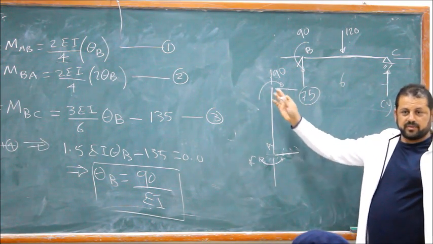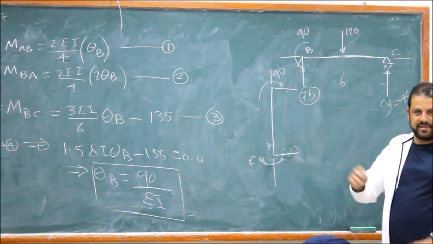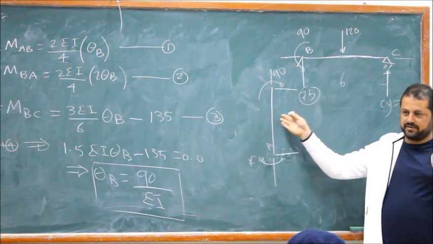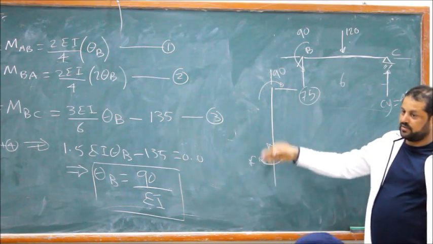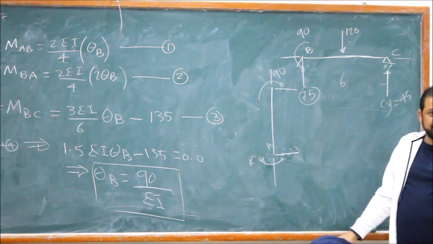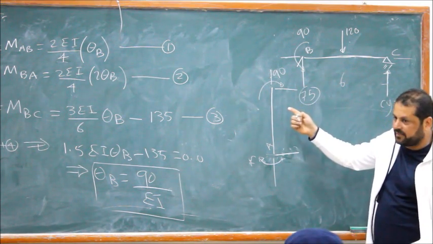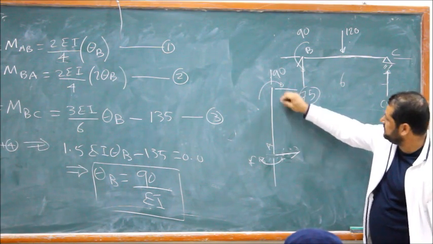Remember what I told you? The shear is the sum of the moments over the length. If there is no loading here, the moments are in the same direction. So 90 plus 45, 135, over the length. Look, this is a clockwise couple, so this one should give you a counterclockwise couple.